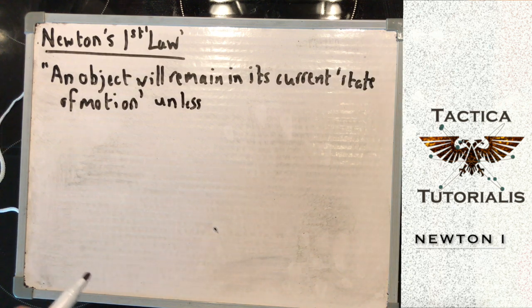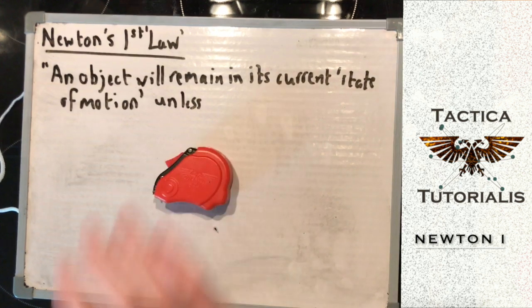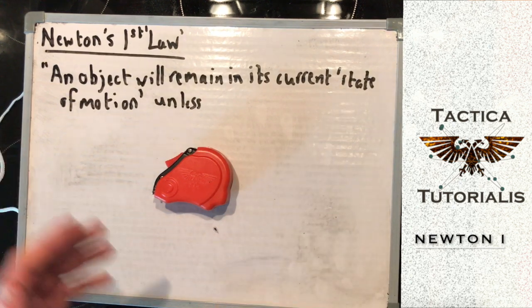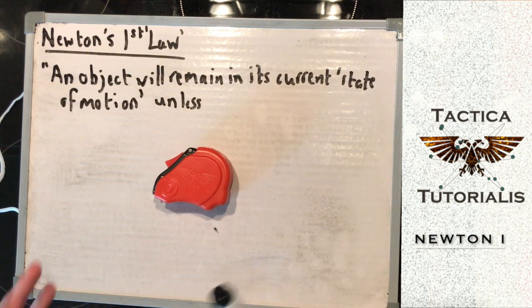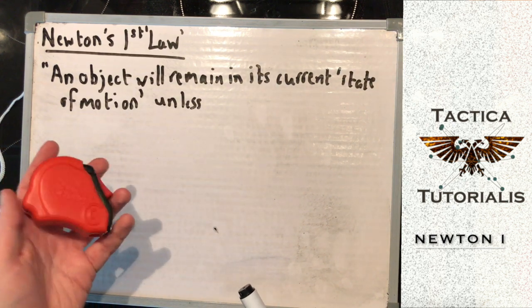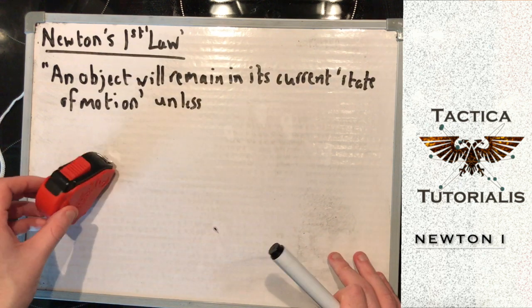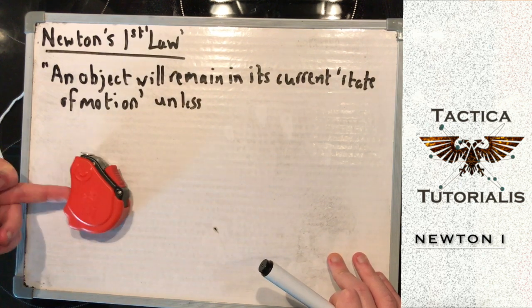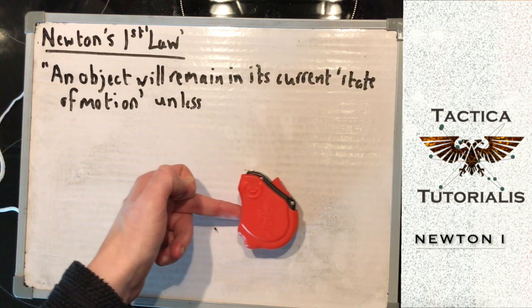So first off, we need to explain what a state of motion is. So a state of motion could be something very, very simple. It could be that. The state of motion of my tape measure is it's not moving. It is stationary. And that is its state of motion. It might be that my tape measure is just being pushed along this whiteboard at a constant speed.